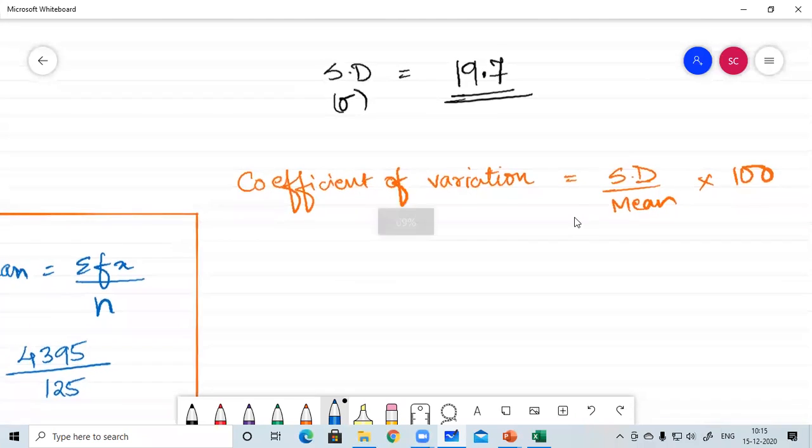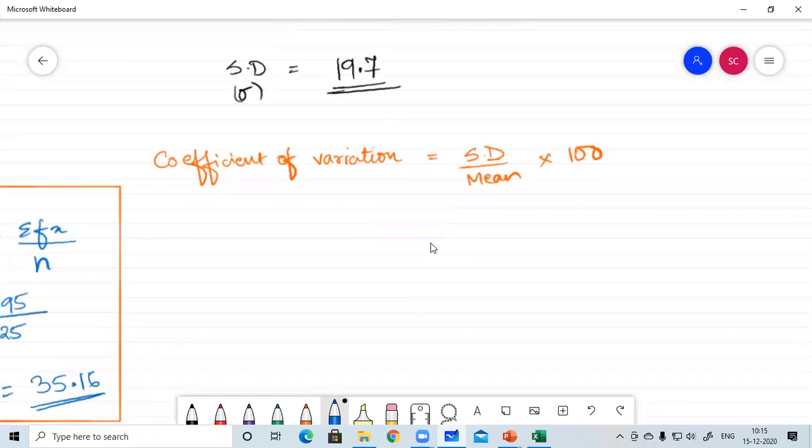Yes, sir. Okay. Now our standard deviation here is 19.7 divided by 35.16, into 100.